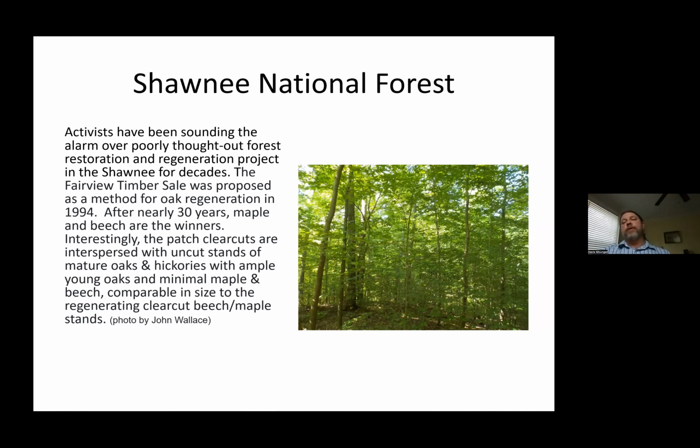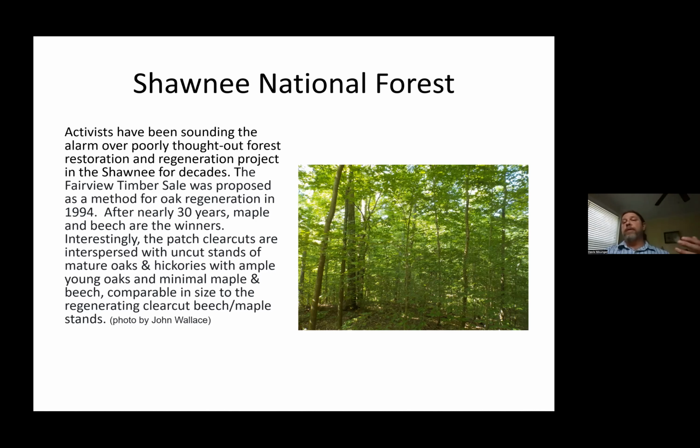And then these regeneration cuts, even though the goal may be to make sure that, say, white oak and northern red oak regenerate properly, or maybe we want shortleaf pine to continue to regenerate, well, we are finding in forest after forest this really isn't happening a lot of the time. You go to places like the Shawnee, where they have had oak regeneration cuts going all the way back to the 1990s.